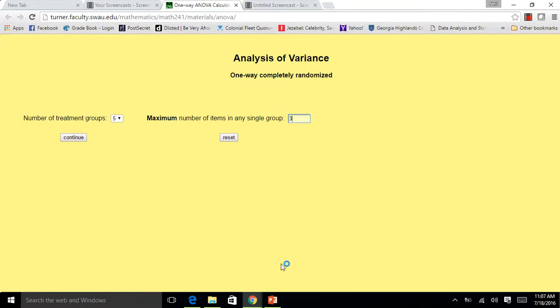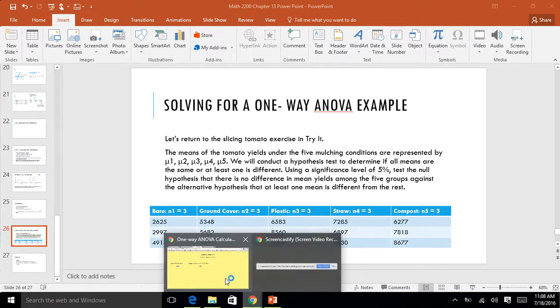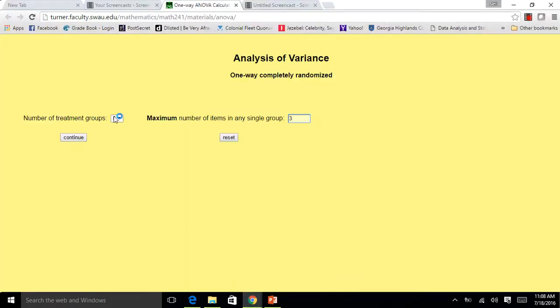You're like, Miss Pace, where are you getting that? If I go back to my table, I had 5 categories: bare, ground cover, plastic, straw, compost. And with each category, I had 3 data points. For bare, it's 26.25, 29.97, 49.15. So that's where that is coming from. I put 5 here, 3 here, and I hit continue.